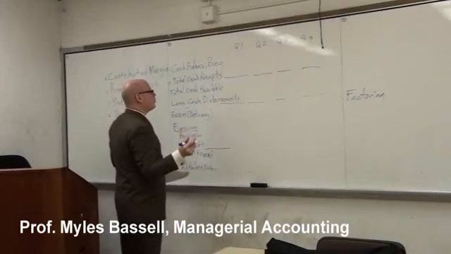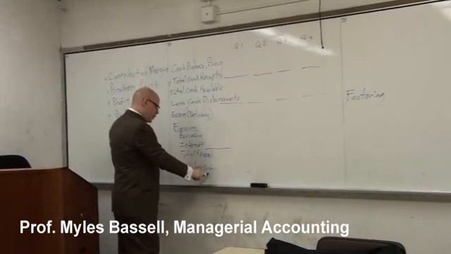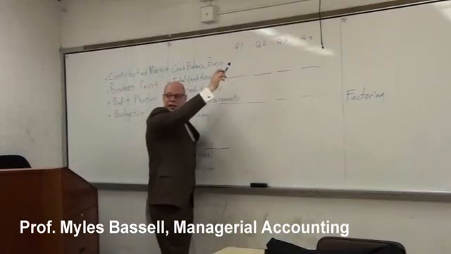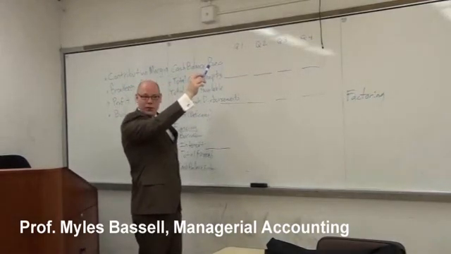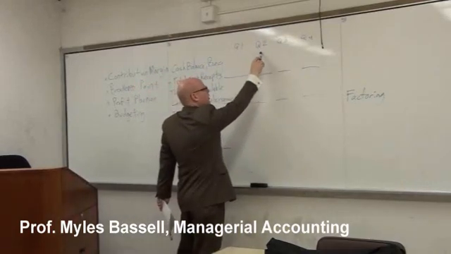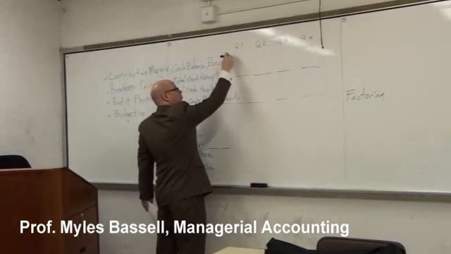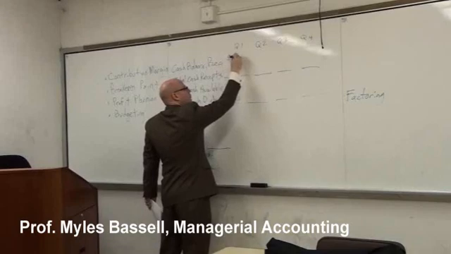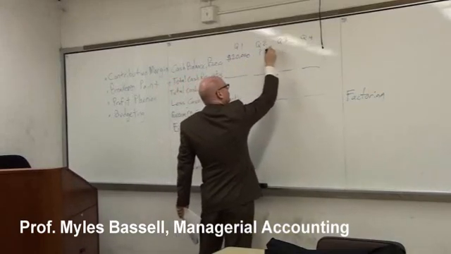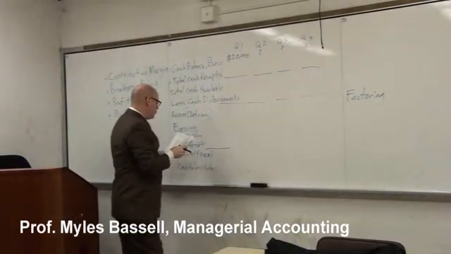Now remember, the ending cash balance is the same as the beginning cash balance of the next period. Everybody follow? So the ending cash balance is going to be the same as the beginning cash balance of the next quarter. But here they tell us that it's $20,000. This we're going to have to calculate, which is actually going to be the ending cash balance.